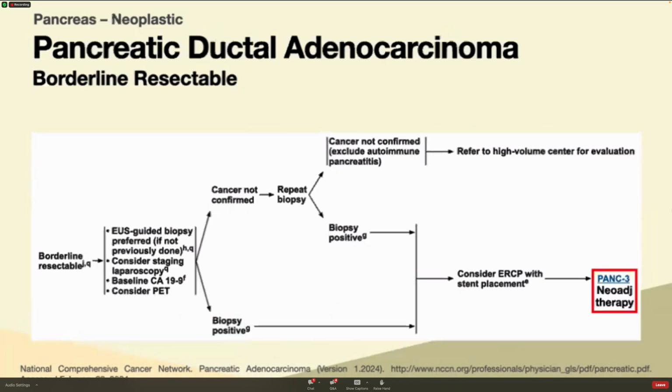So for borderline resectable, the patient would need neoadjuvant therapy. So this includes doing a biopsy, and also if the patient is jaundiced, referring the patient for biliary drainage in preparation for chemotherapy.